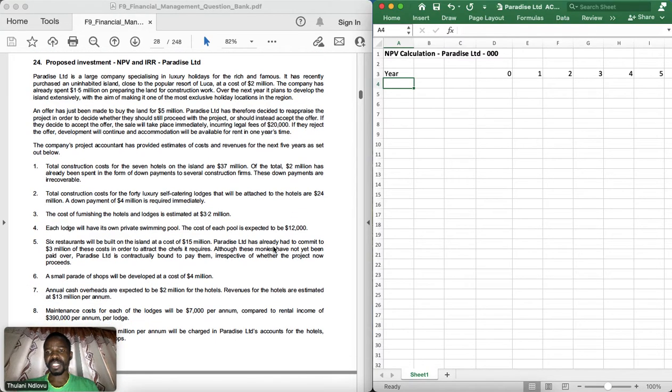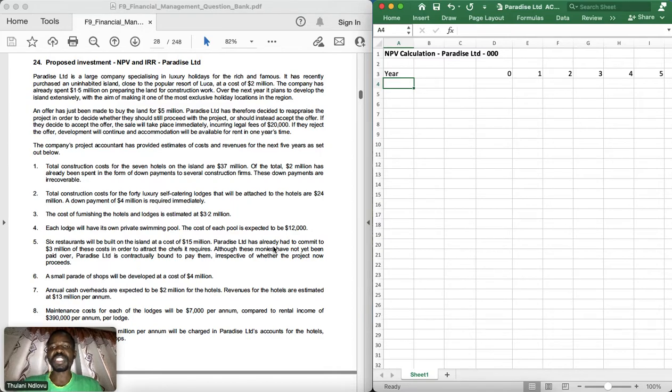Let's read the scenario. Proposed investment NPV and IRR, Paradise Limited. Paradise Limited is a large company specializing in luxury holidays for the rich and the famous. It has recently purchased an uninhabited island close to the popular resort of Lucca at a cost of 2 million.